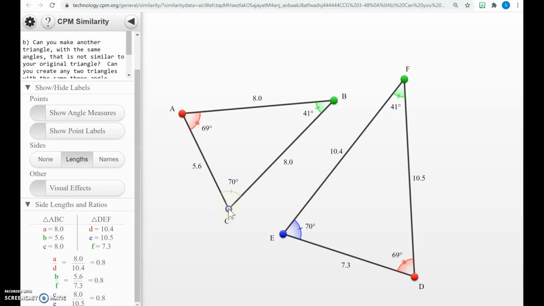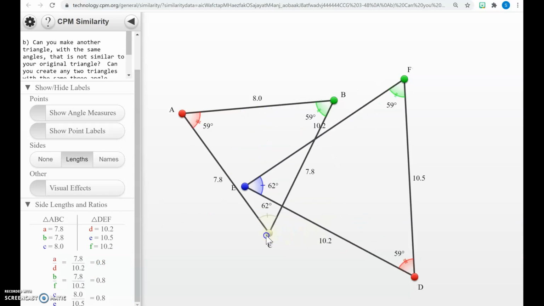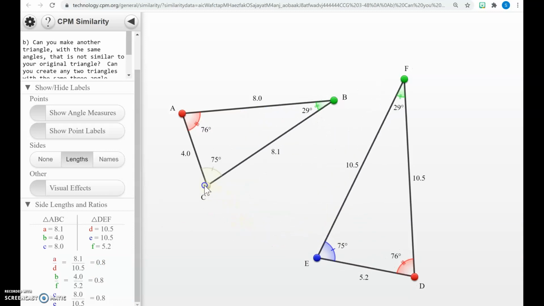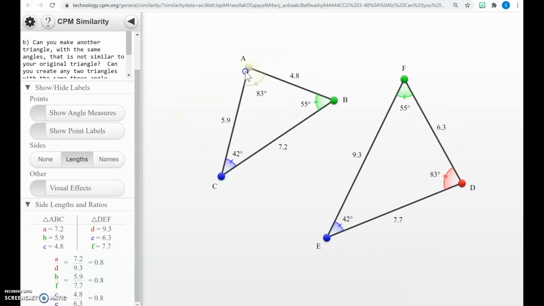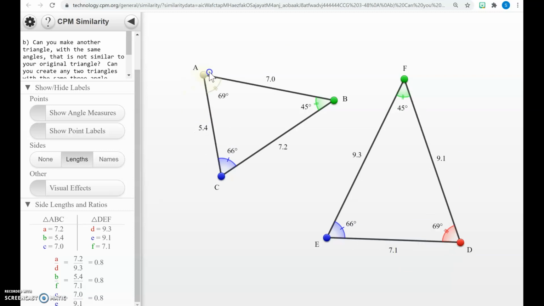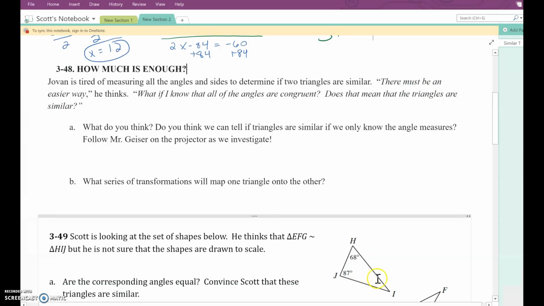So as I move this, notice those ratios always stay at 0.8. I can move all of these around. So I don't even actually need to know the sides. As long as the angles match up, I am good to go. So whatever you investigated here, I would say yes.